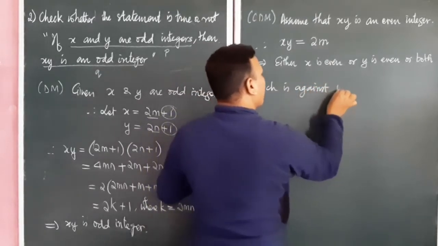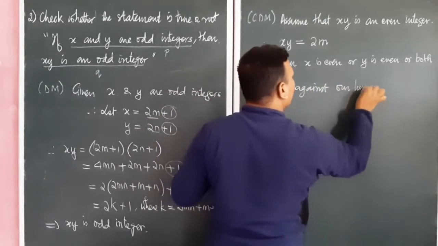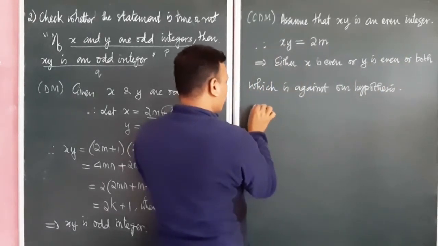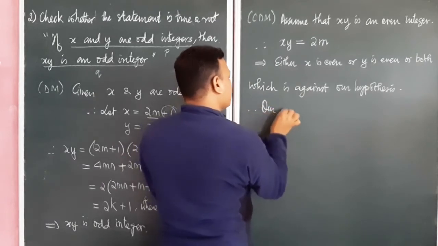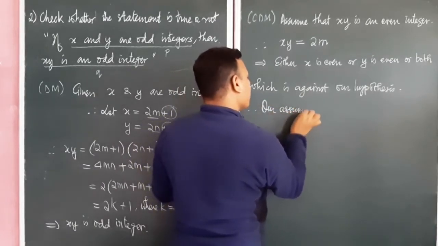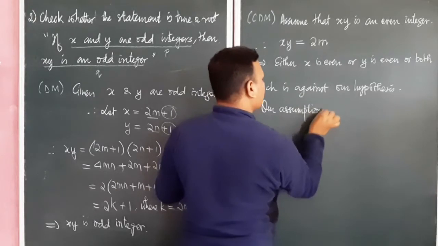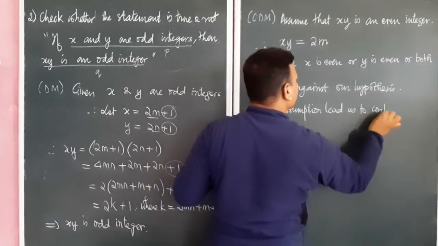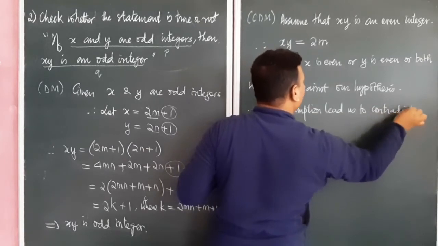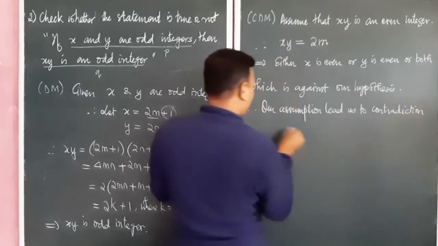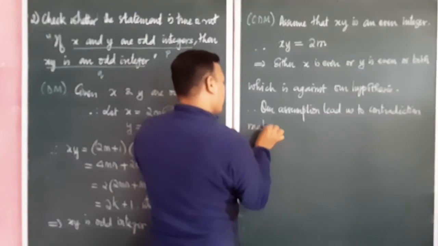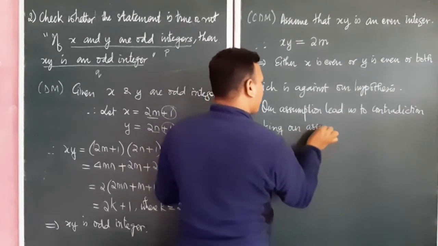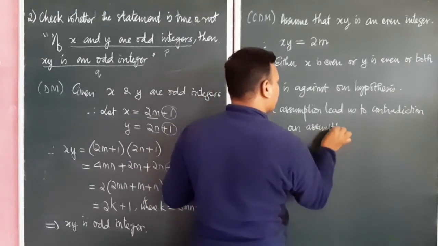against our hypothesis, right? So therefore our assumption led us to a contradiction, making our assumption wrong, isn't it?